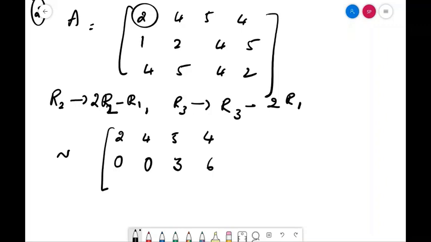And to the third row, I am doing R3 minus 2R1. So 4 minus 4 is 0. And then 5 minus 8 is minus 3. And then 4 minus 10 is minus 6. And then 2 minus 8 is again minus 6.